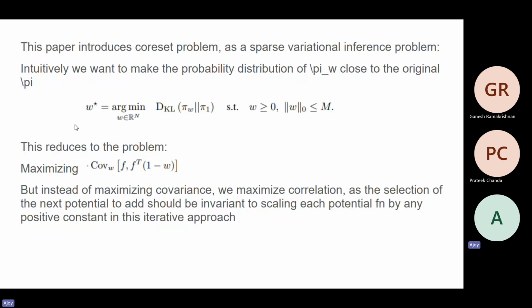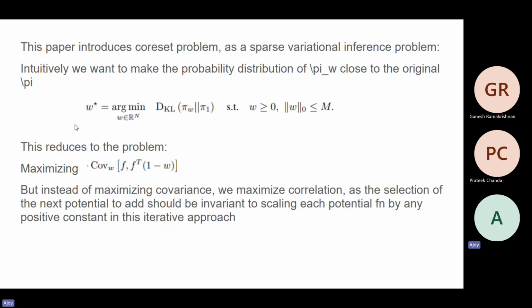Now, instead of minimizing the likelihoods between L and log likelihoods, we will go to the original problem, that is the weighted probability distribution. Pi w is the weighted coreset probability distribution, and we are minimizing the KL divergence distance with the original distribution of the data set.